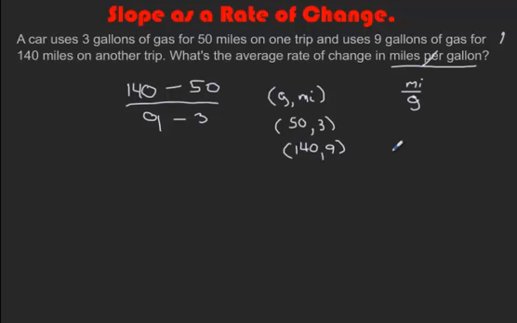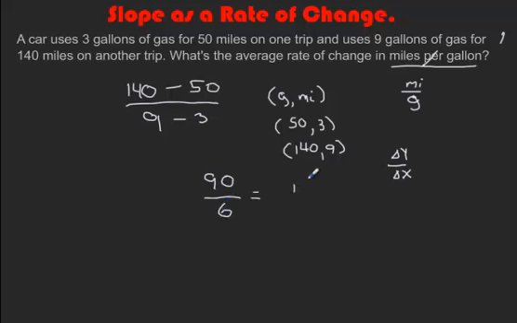And slope is your change in y over your change in x. In this case, change in miles over change in gallons. So my numerator evaluates to be 90, and my denominator 6, which is 15.